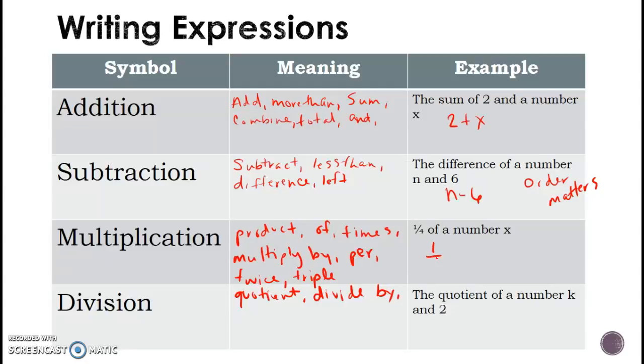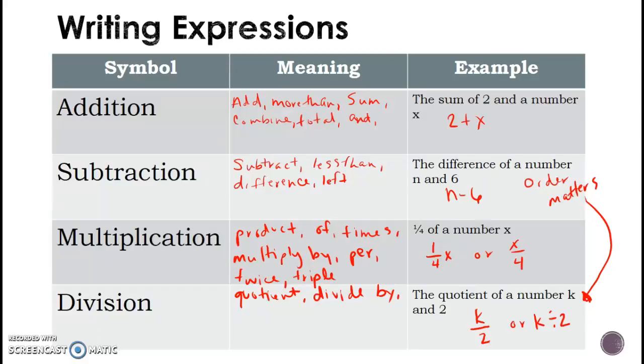So that's just 1/4 x, or x over 4. The quotient of a number k and 2 is just k divided by 2, whichever way you want to write that. And on this one, order matters as well.